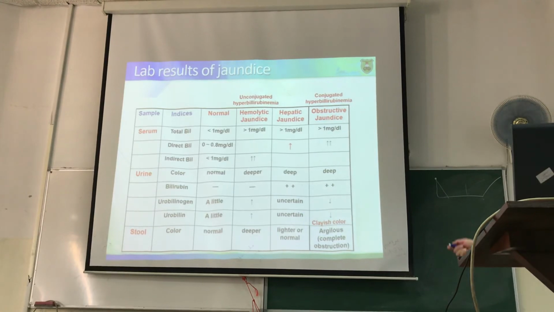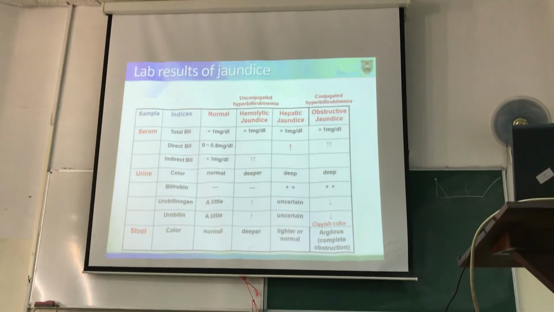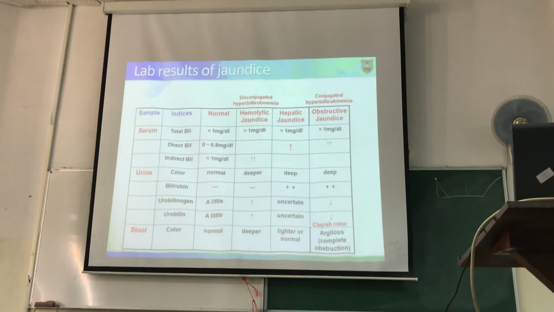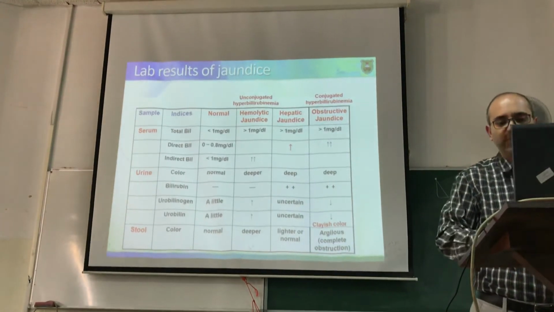Well, then you wouldn't have this. But the urine color would be deep. Bilirubin would go high in urine. Urobilinogen, urobilin, well, it depends on what the cause is. Color, it would look light or normal. Again, it depends on what the cause is.